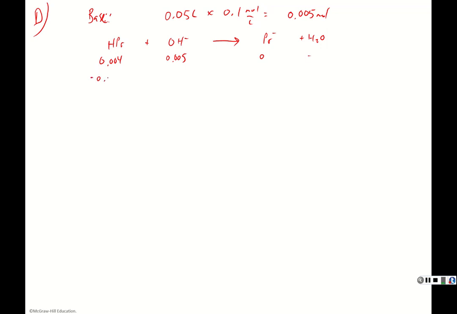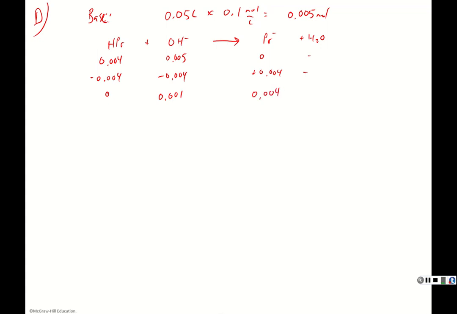So we're going to be losing all of our weak acid, producing the conjugate base. So we'll have none of that left over. Now we have an excess of base, so even after that reaction, we have 0.001 moles of it.